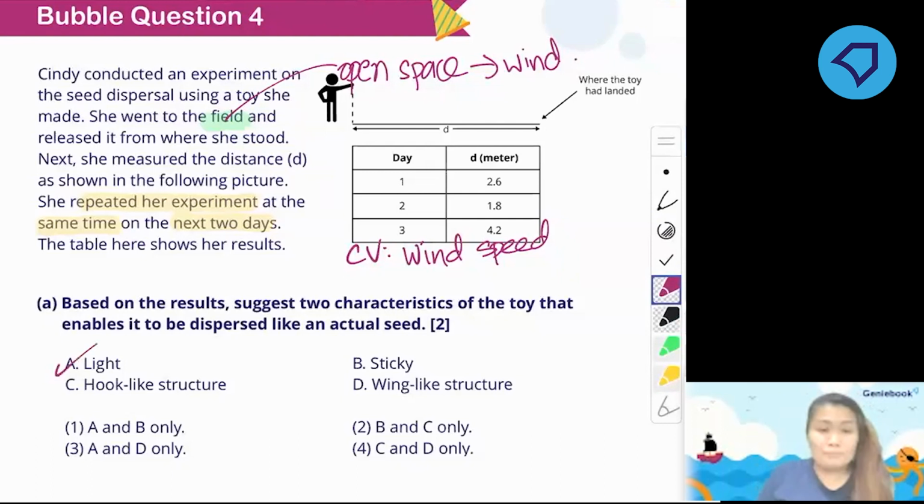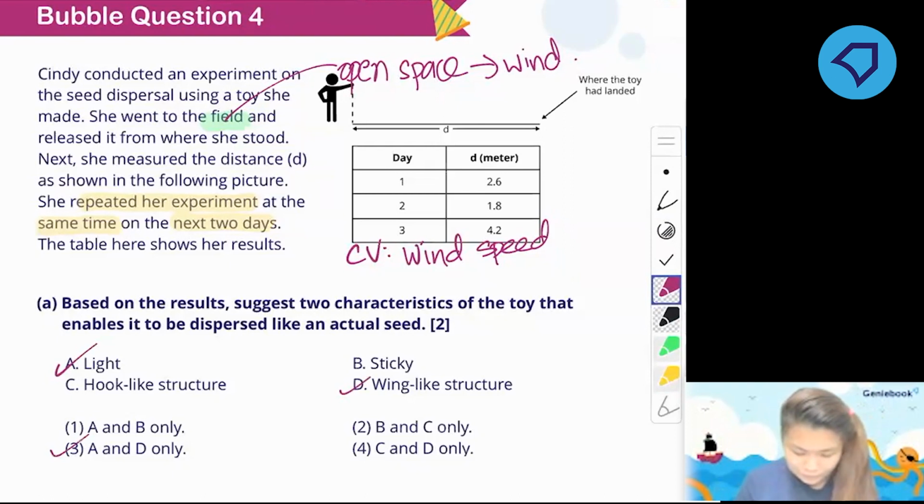Naturally, being light is one of the characteristics. It cannot be heavy. Imagine if it's heavy. Oh, I can't fly. I'm too heavy. So it needs to be light. And of course, it must have a wing-like structure to help it stay afloat in the air for a longer period of time. So your answer will be number 3.